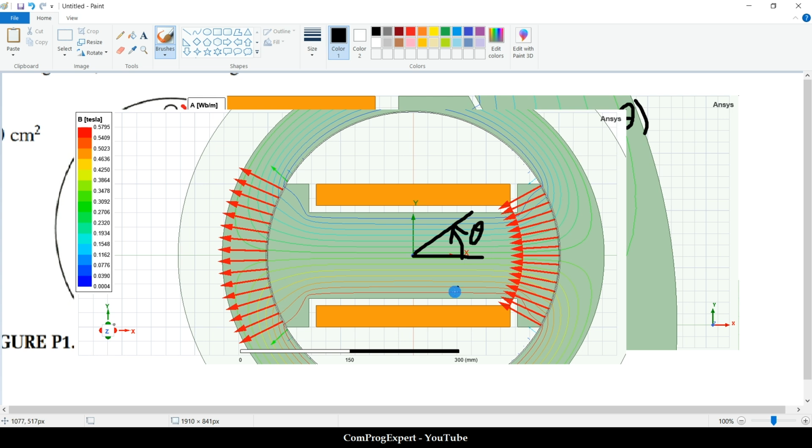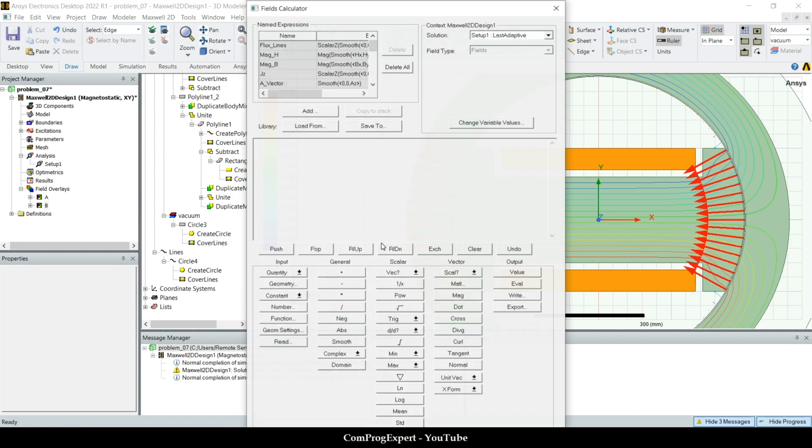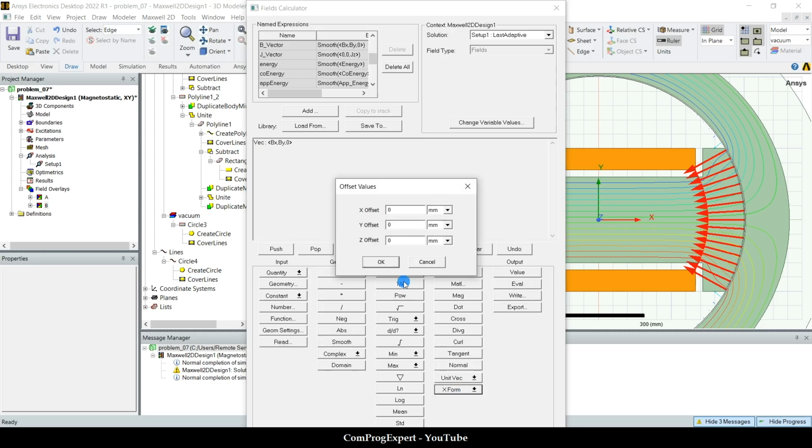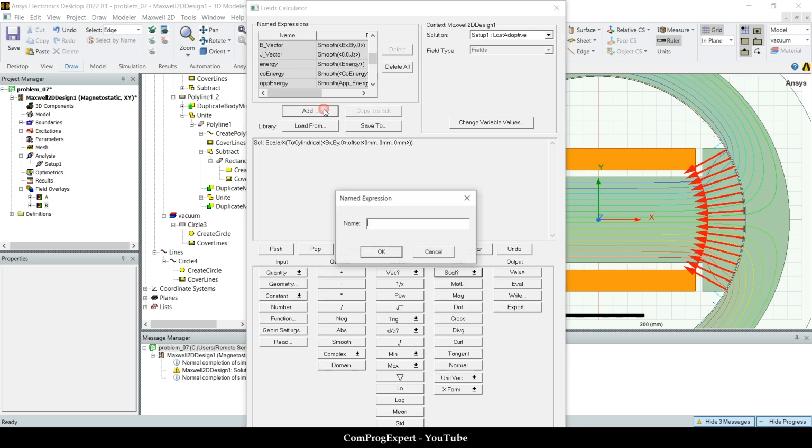So here in the field calculator, we can select B vector, bx, by, 0, translate it to cylindrical coordinate system, and then select the first component. You know that the first component of a vector in cylindrical coordinate system is the radial one. So add BR.